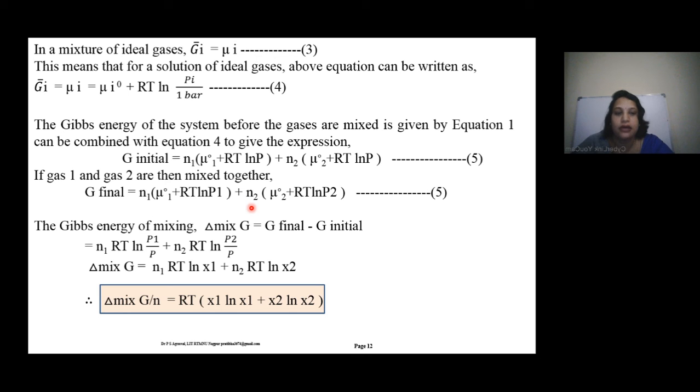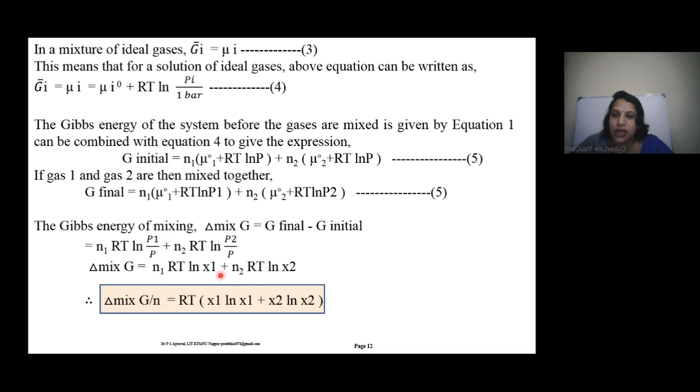This means that the final Gibbs free energy of mixing will be equal to this, final minus initial. So this expression minus this expression. What is this? P1 upon P? Raoult's law, X1. This is X2.